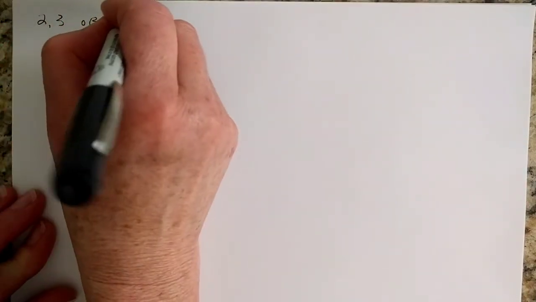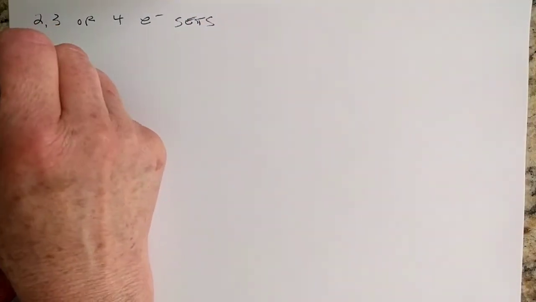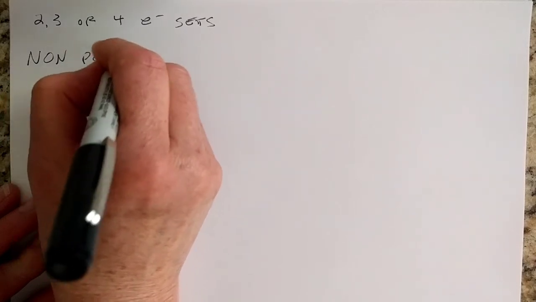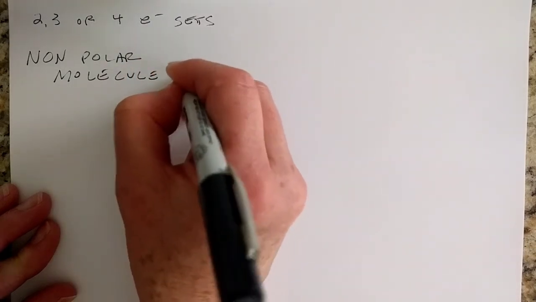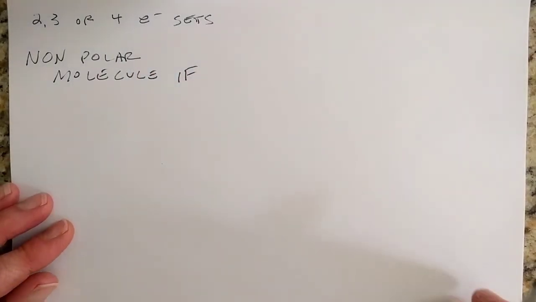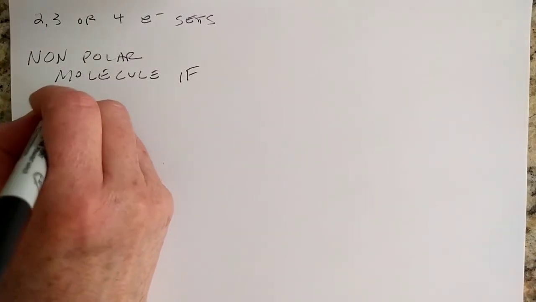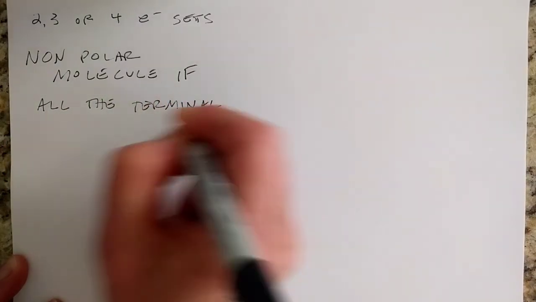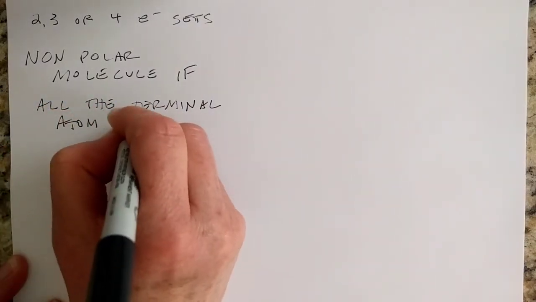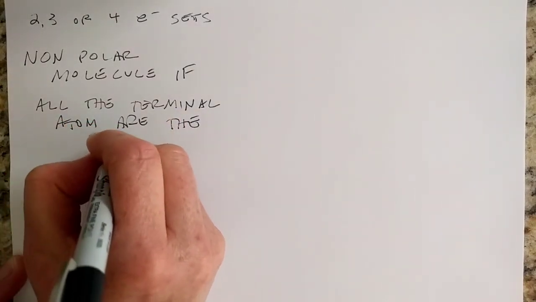But if we have 2, 3, or 4 electron sets, then we have a nonpolar molecule if all the terminal atoms are the same. They're the atoms on the outside. So they can be all hydrogens or all chlorines. Doesn't matter as long as they're all the same.